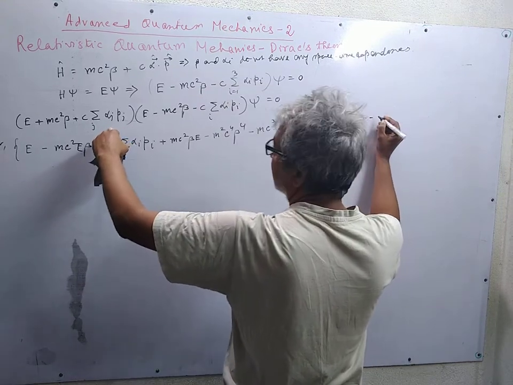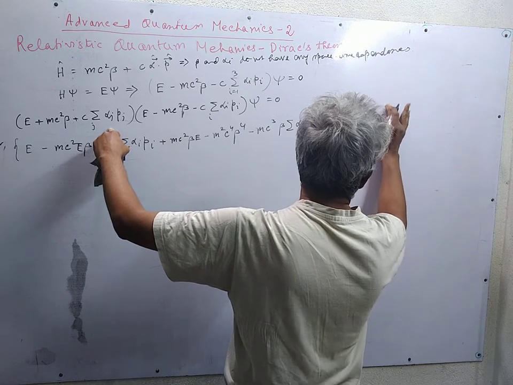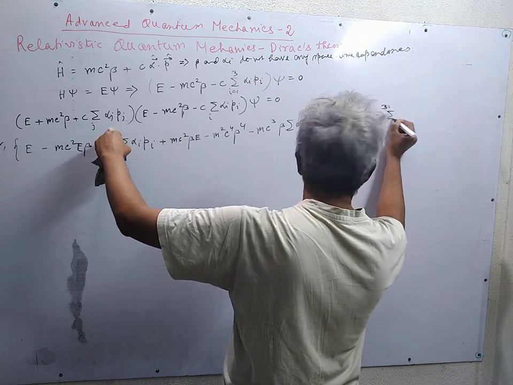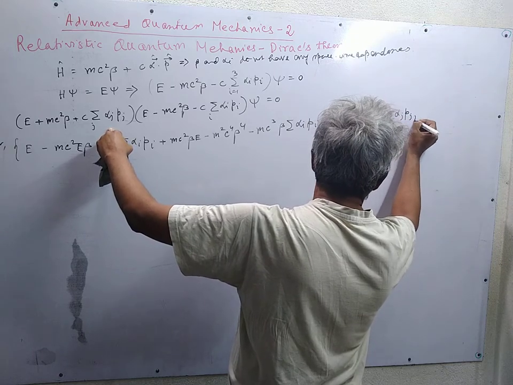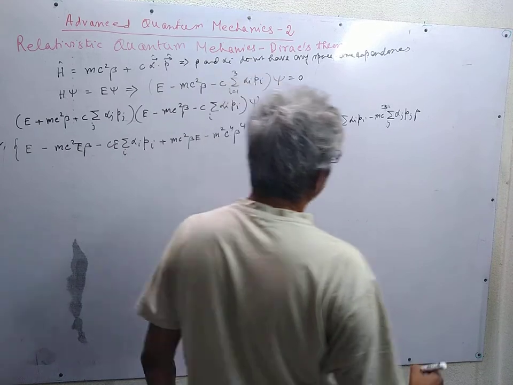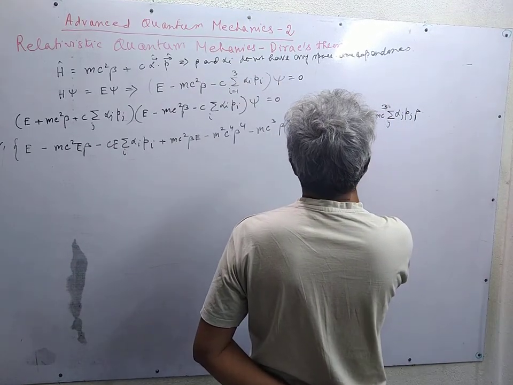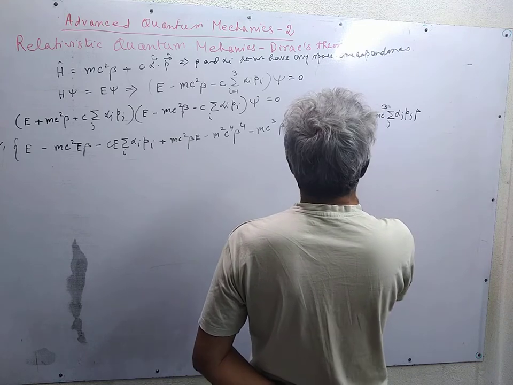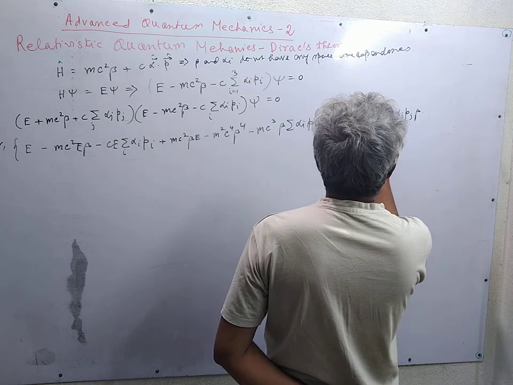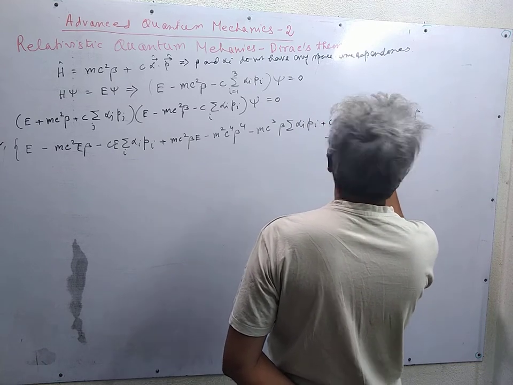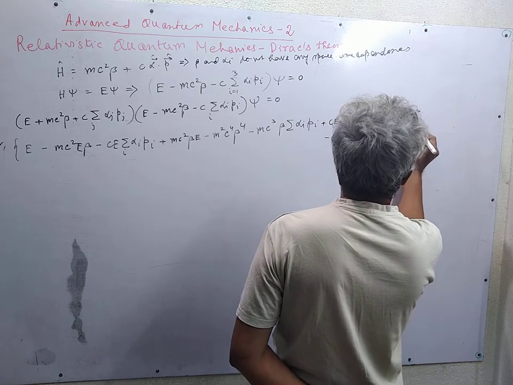Then this is mc cube summation over j alpha j p j beta, and finally we have minus c square summation over j alpha j p j summation over i alpha i p i, acting on psi, is equal to 0.